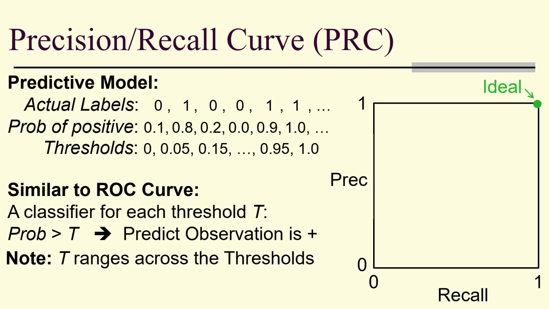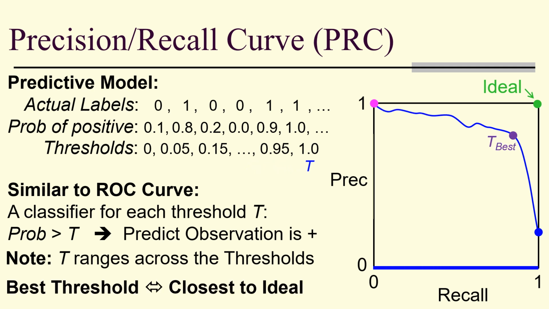And notice that t ranges across the thresholds. So that means we start with the extremely positive classifier and we'll end up at the nearly negative classifier. And as we move across, we will get a curve which is known as the precision recall curve. The best threshold is the one closest to the ideal.